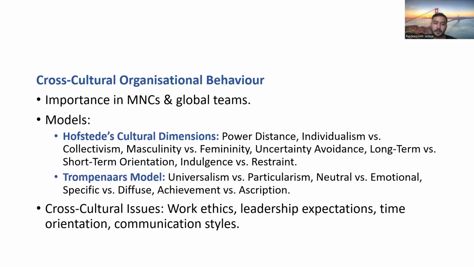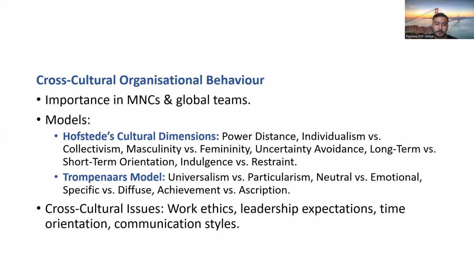Cross-cultural organizational behavior generally happens in MNCs or global firms. There are two models. One is Hofstede's cultural dimensions, which focus on power distance, individualism versus collectivism, masculinity versus femininity, uncertainty avoidance, long-term versus short-term orientation, and indulgence versus restraint.